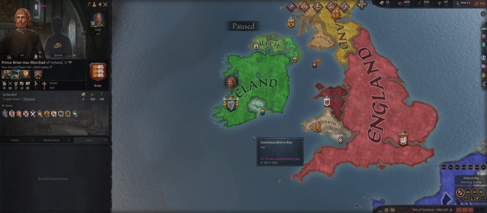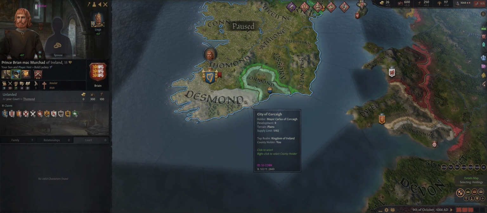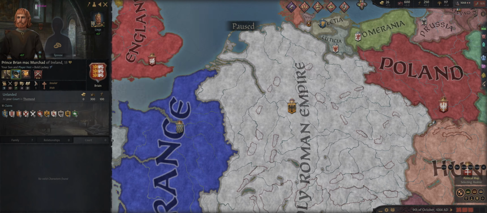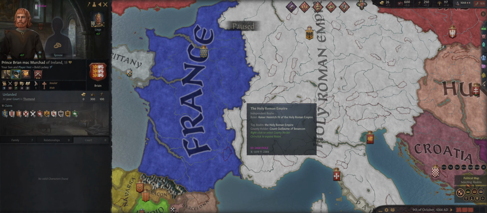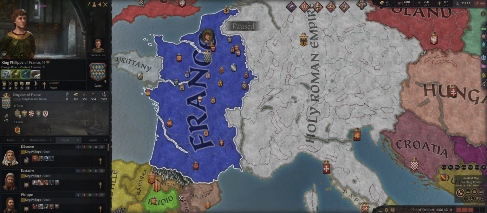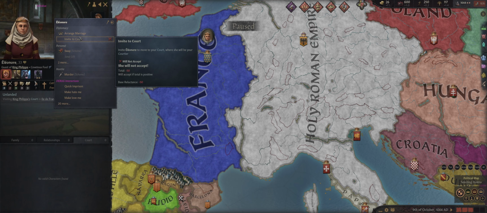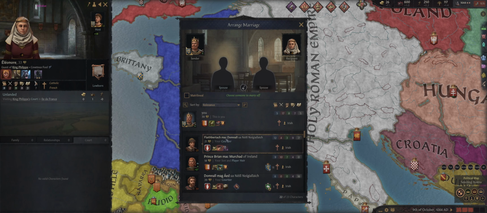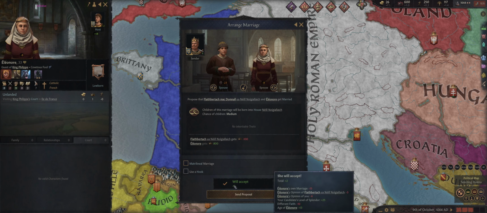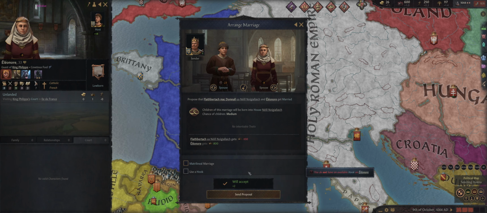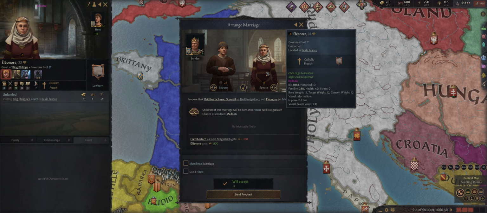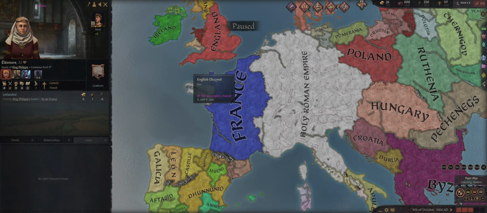I could go find someone somewhere else who's going to say no, but because she's not in my court, she could just straight up refuse. If I pick somebody random over here, arrange marriage, and say, marry my courtier, please, she just about would accept. But you get the point, right? At the minute this is happening because they are choosing to agree, but they might not agree.